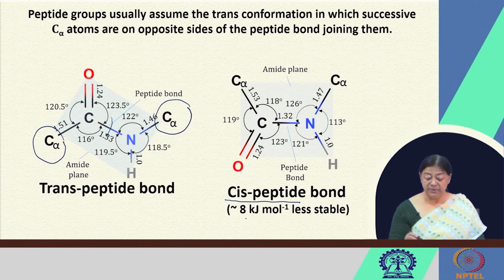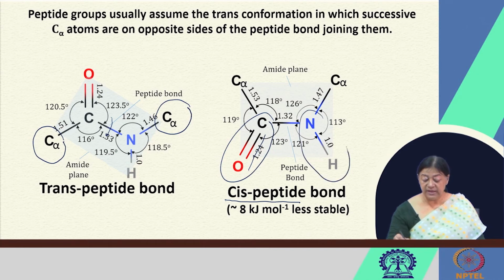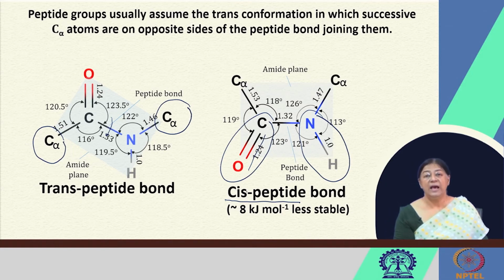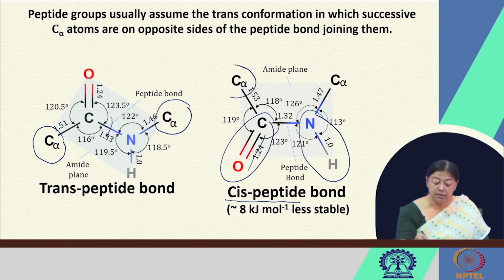In the cis peptide bond, what do we see? This is our peptide, the C double bond O. This is the C double bond O. This is the NH. So, there has been rotation about the single bond between the C and the N. What are the C alpha atoms here?